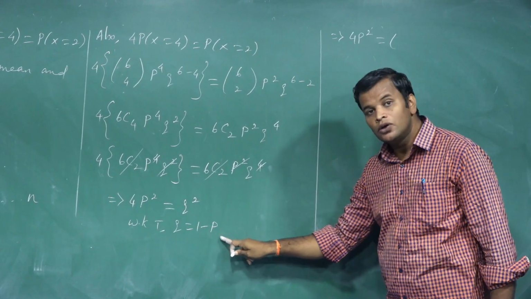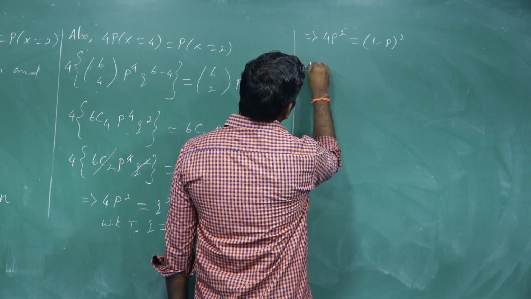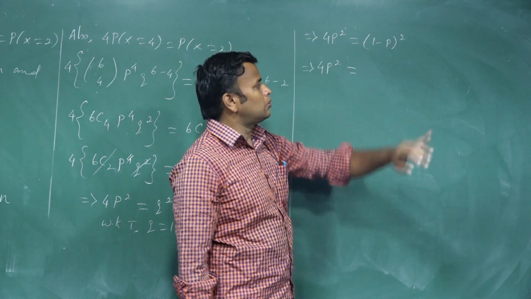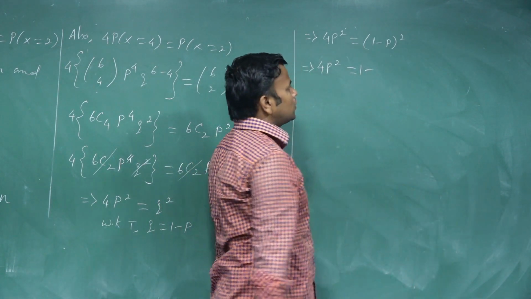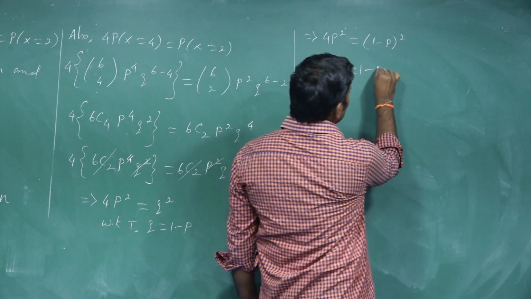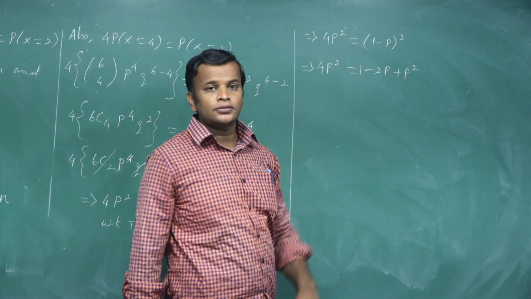The value of q is (1 minus p) whole square. So 4p square equals, we expand using the formula of (a minus b) whole square: a square, 1 square is 1, minus 2ab, 2 into 1 into p is minus 2p, plus b square is p square.